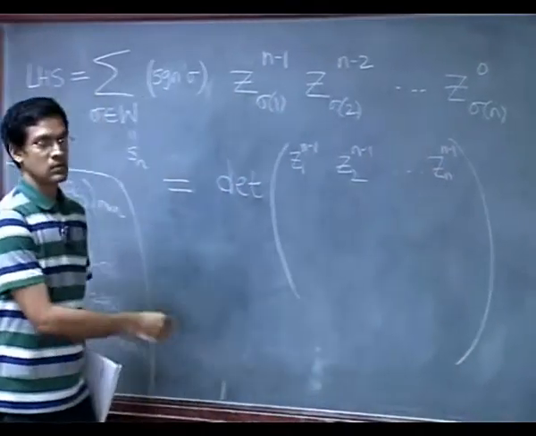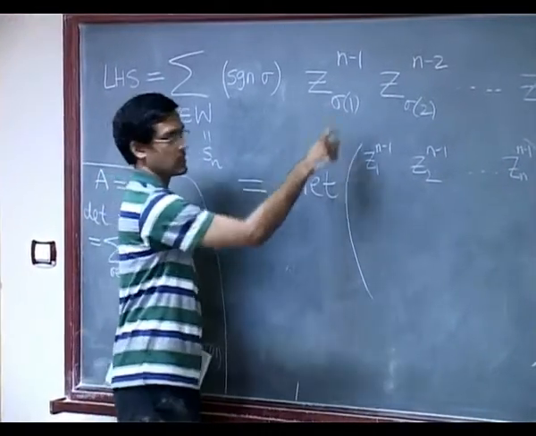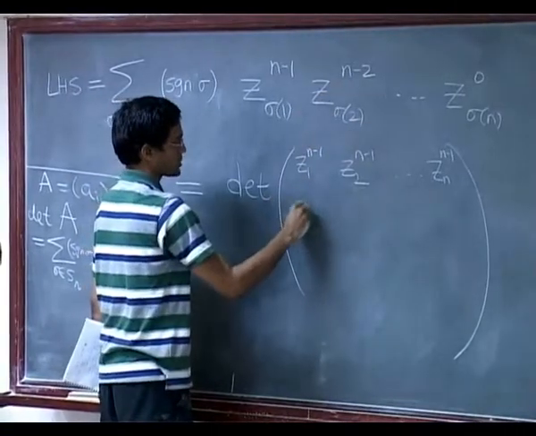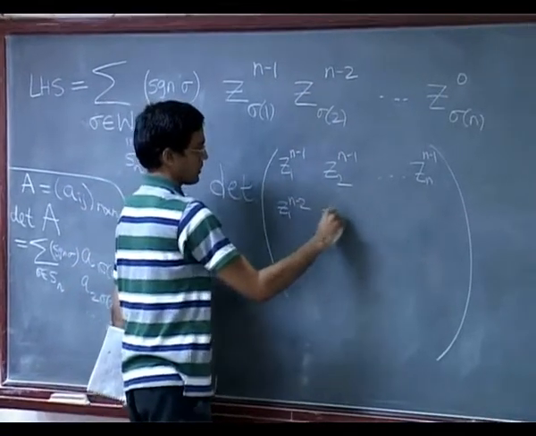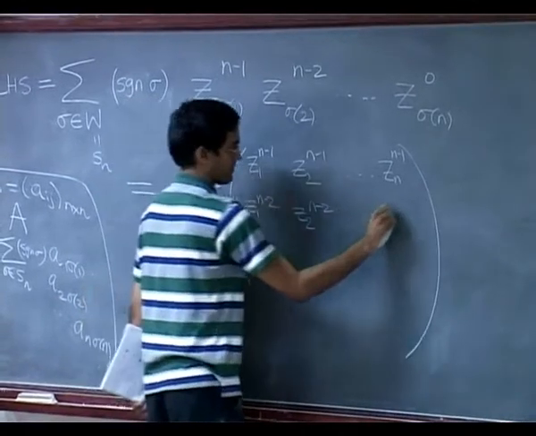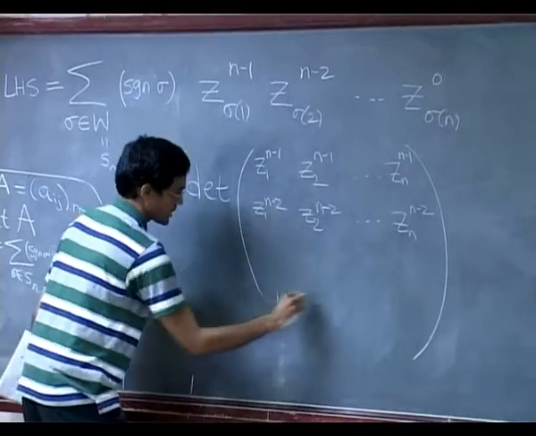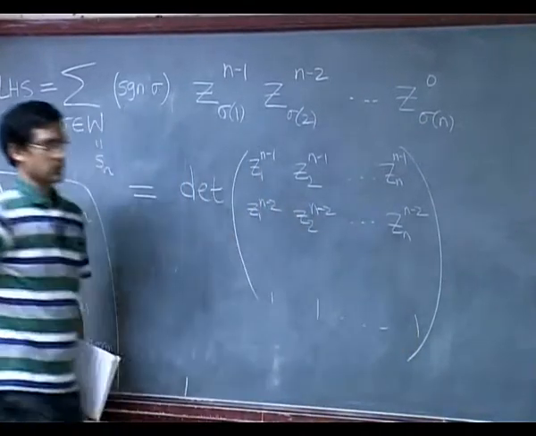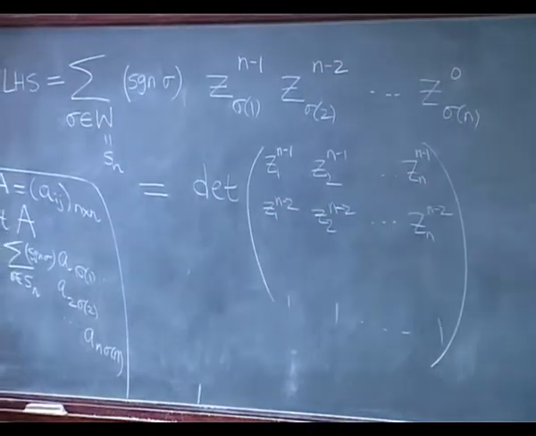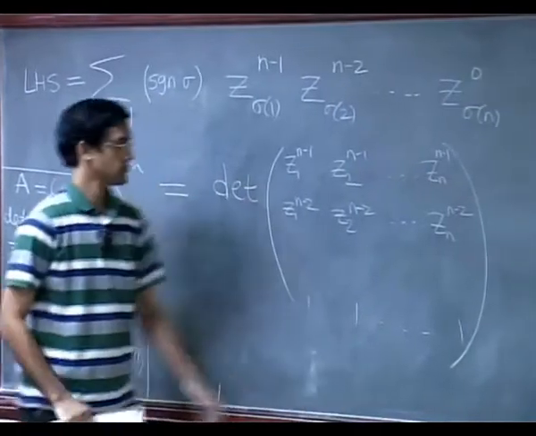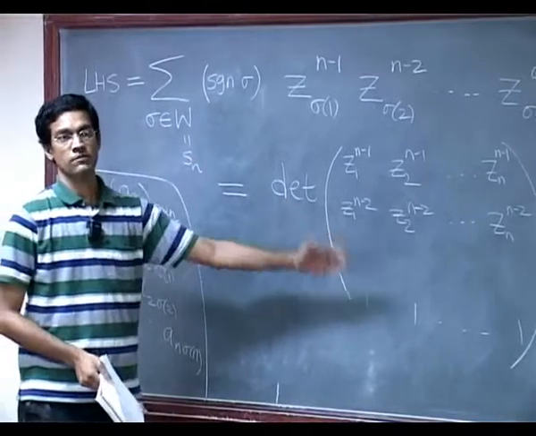From the first row I pick the sigma 1th entry. From the second row I pick the sigma 2th entry, which means the second row looks like z1 to the n minus 2, and so on, till the final row is just a string of 1s. And of course, we know what this is. This is what you would call the Vandermonde matrix. So it is the determinant of the Vandermonde matrix.